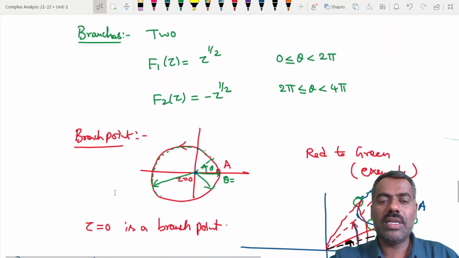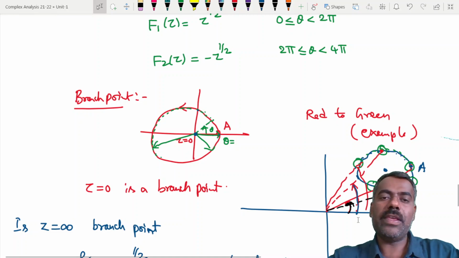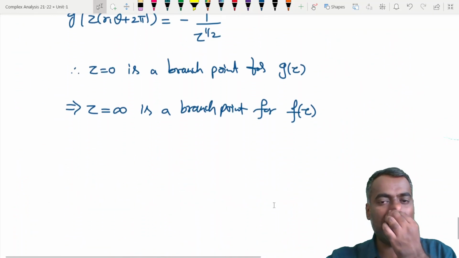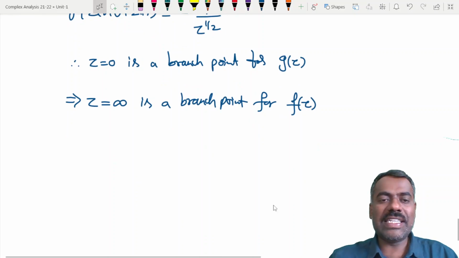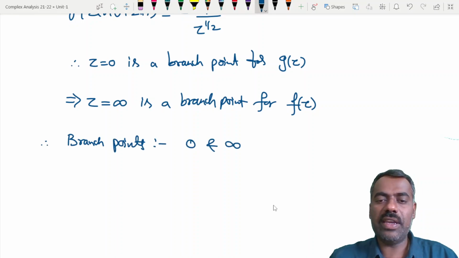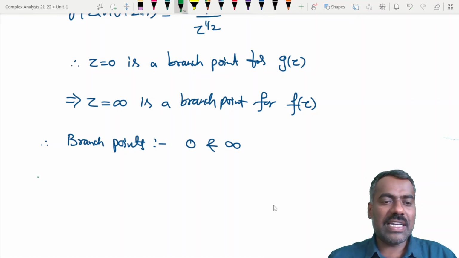One is 0, and no other point is a branch point, because we can find a small closed curve enclosing that, so that you don't reach an angle from 0 to 2 pi. Is that clear? So therefore, what are the two branch points? Branch points for this function are 0 and infinity.